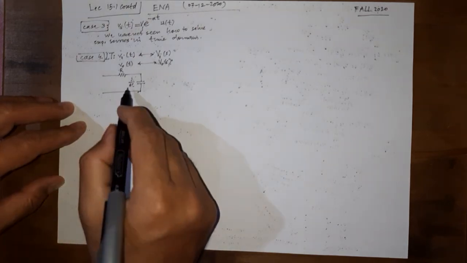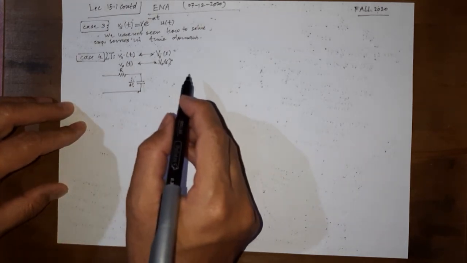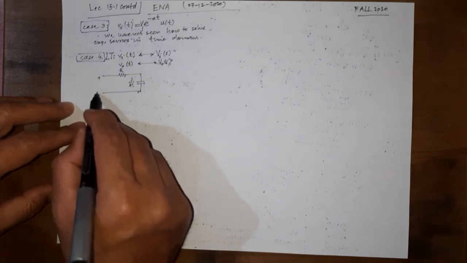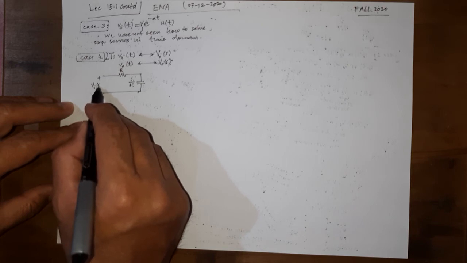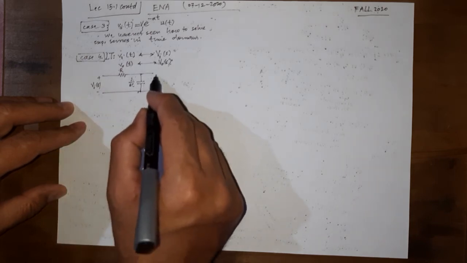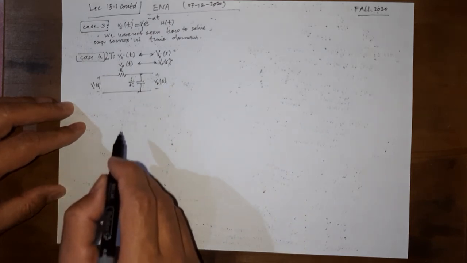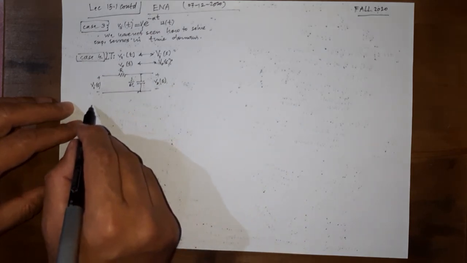Here the parameter, like j omega in the case of the phasor, is S, and here is the input Vi of S, and here is the output across the C, that is V naught of S. Then we can solve this circuit.